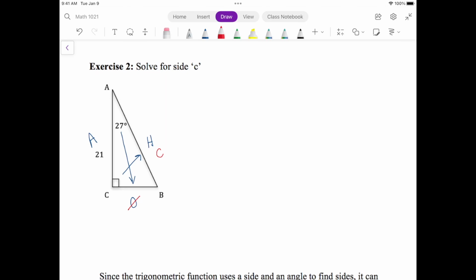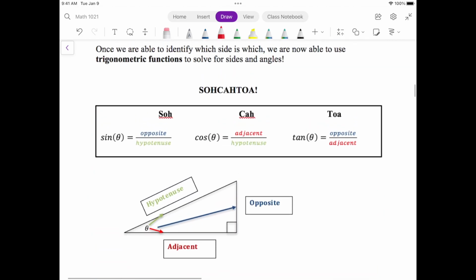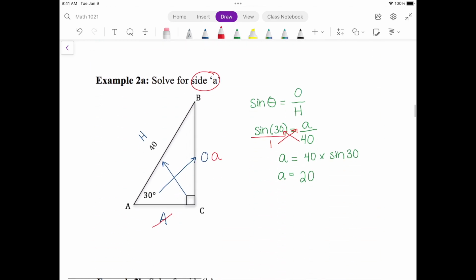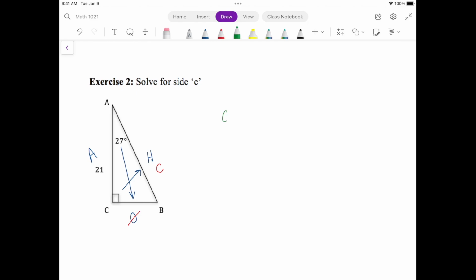So I want to use the function that works with adjacent and hypotenuse, and that is the cosine function. So cosine of our angle is adjacent over hypotenuse. So cosine of 27 is equal to 21 over C.